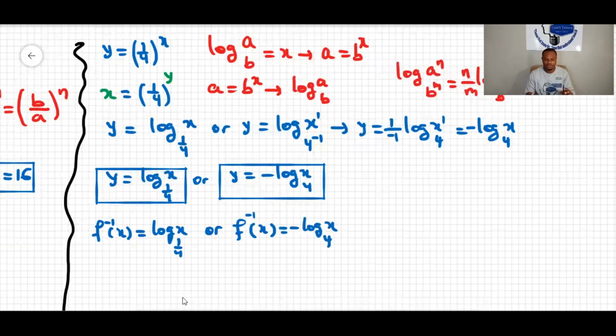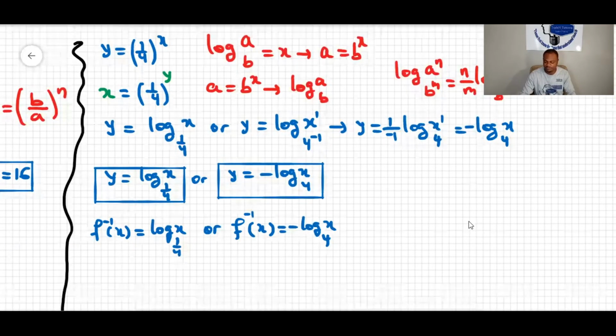To draw this graph, we're going to reflect the graph of f about the line y equal x. That's how we can explain to Andrew, because f minus 1 and f of x are symmetrical about the line y equal x. Let me give you an example. It's going to be something like this.